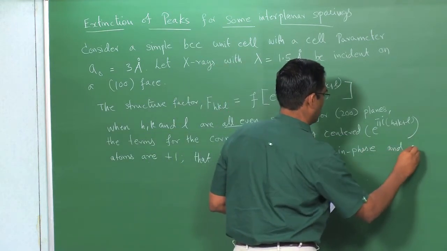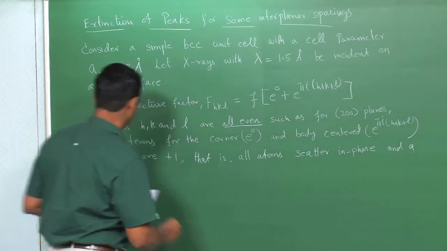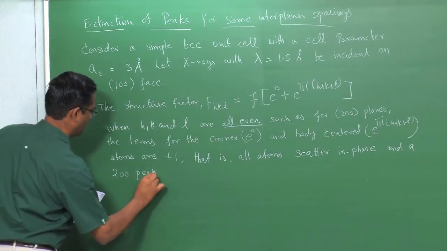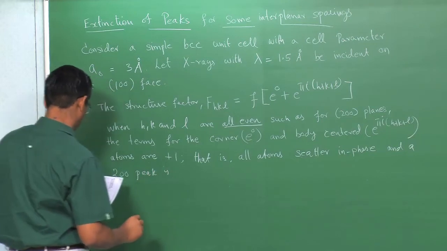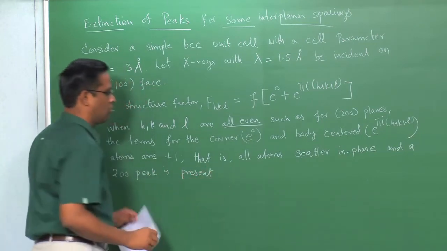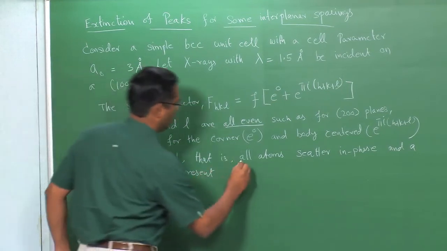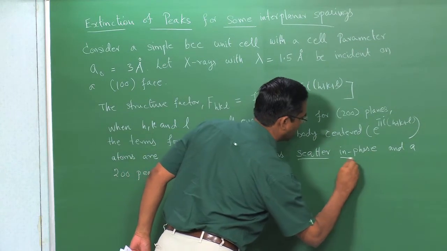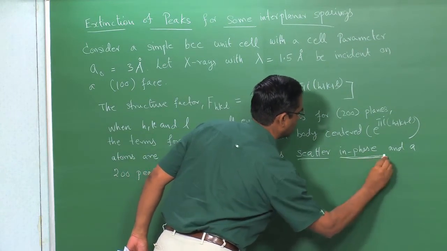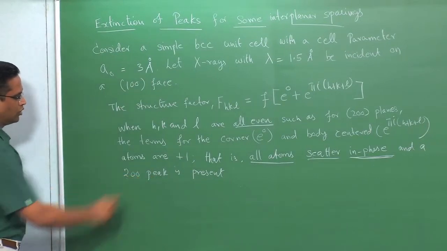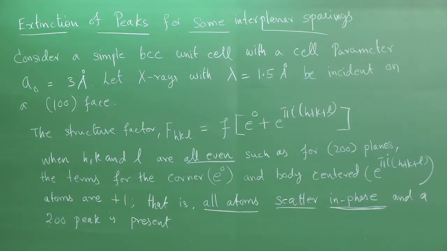And a 2 0 0 peak is present. So, according to this rule, all atoms scatter in phase. So, these things you have to remember, and 2 0 0 peak is also present.